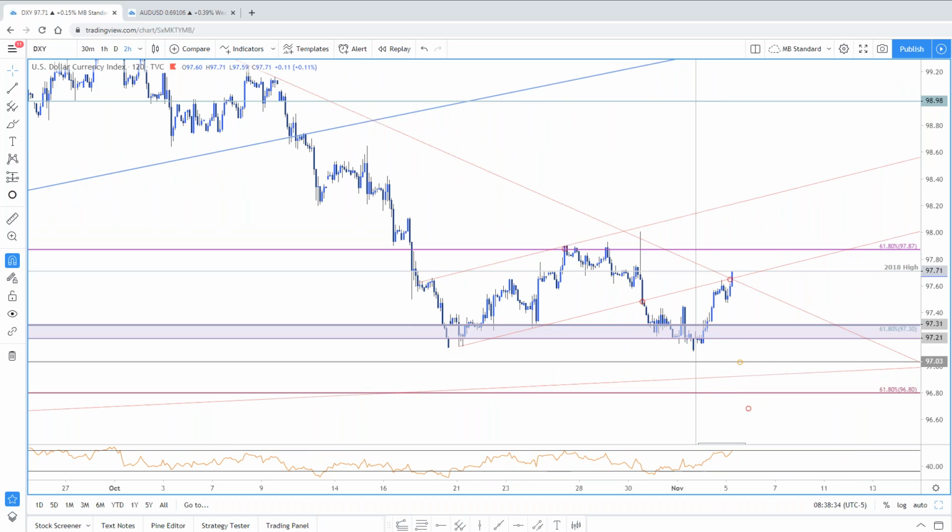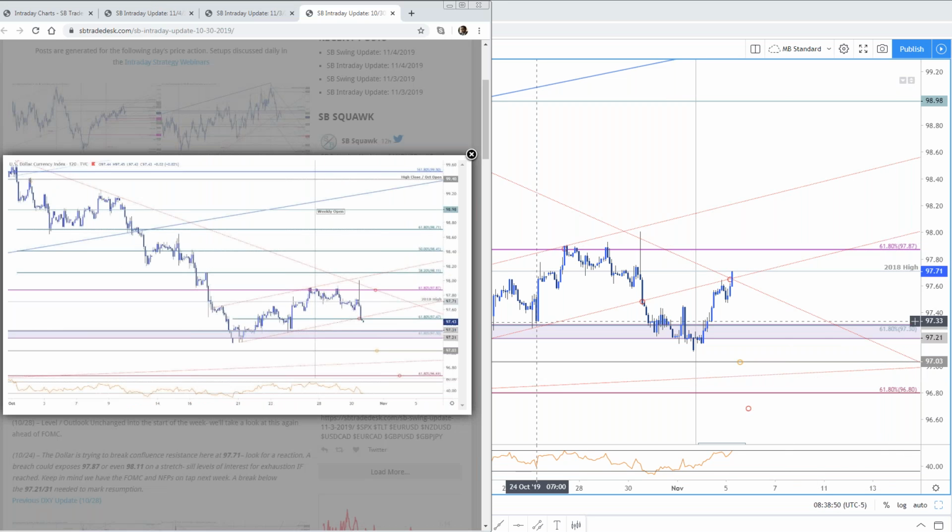You had the 618 retracement there, former swing lows, and although you did gap above it, you never made a weekly close below until this drop here.